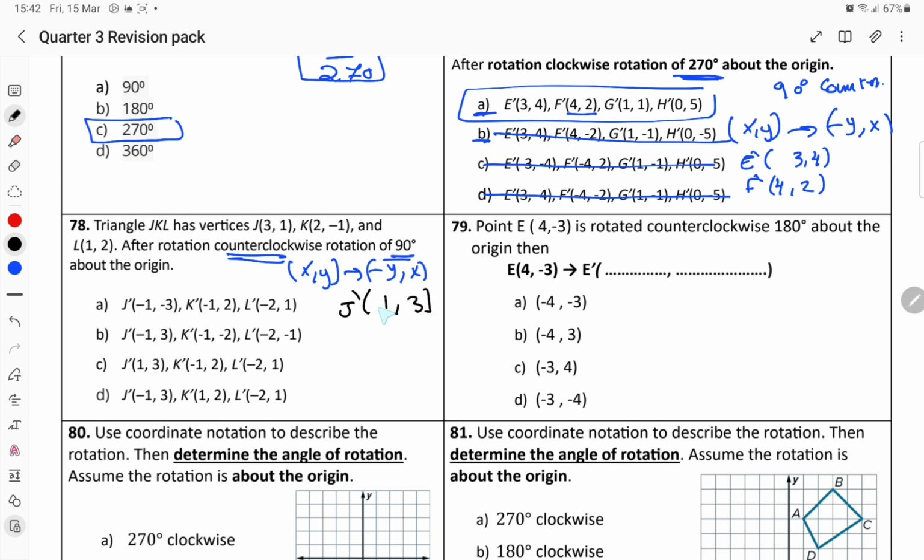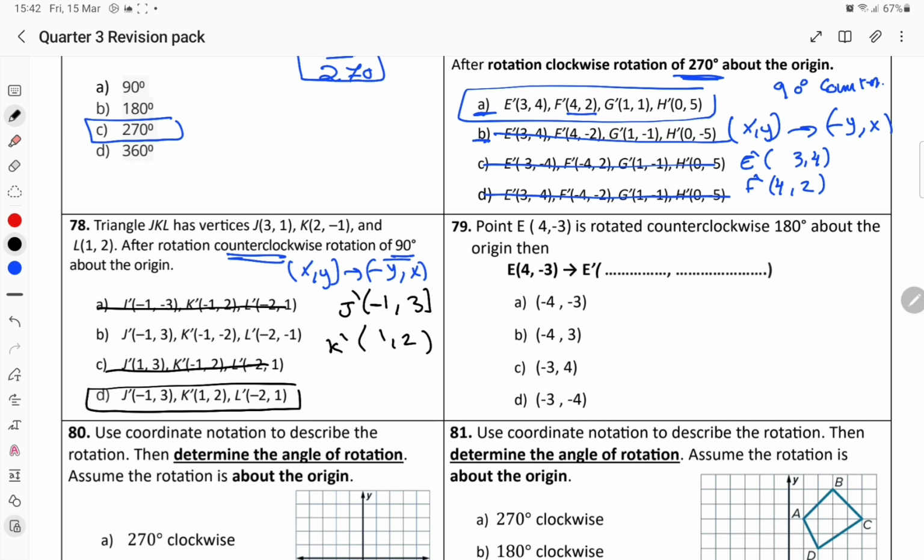Switch the numbers, and change the sign of the first. This is J prime, negative 1 and 3. Which one? Either B or D. So let's see the K. K prime, switch negative 1 and 2. Change the sign of the first, so it becomes 1 and 2. Yes, so this is the correct answer.